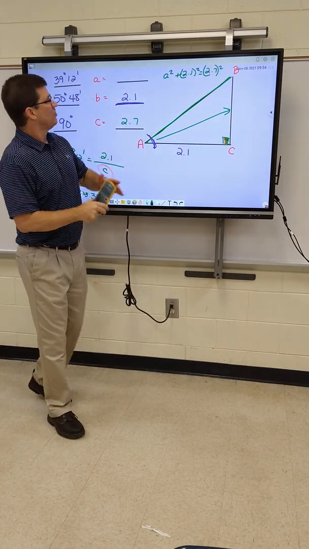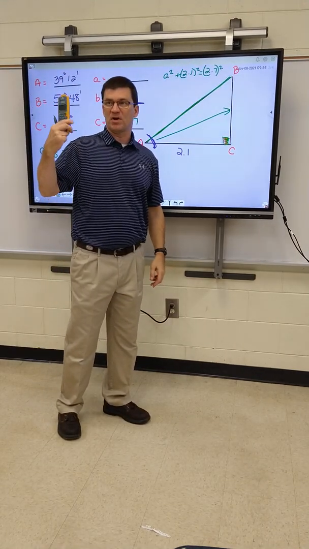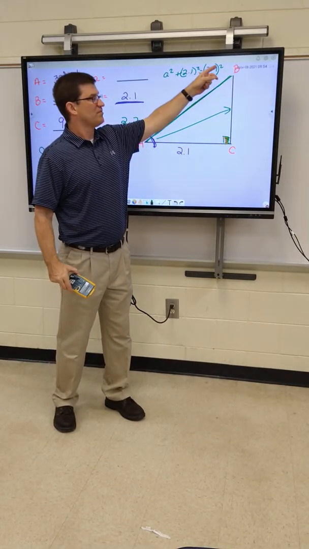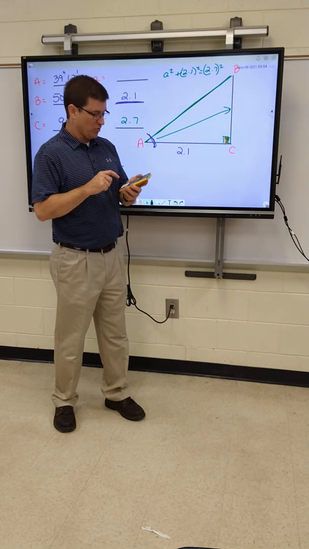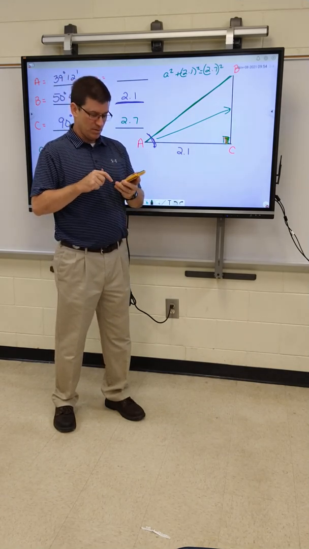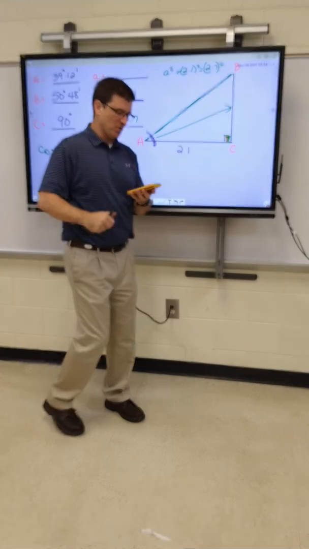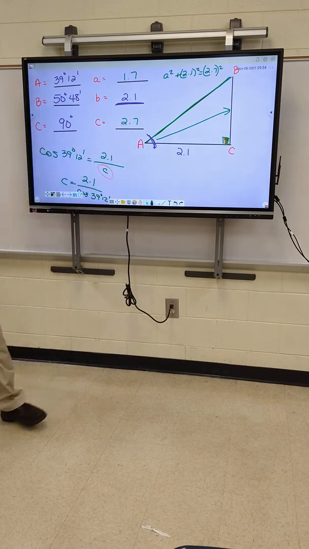Everybody knows we're going to have to move over 2.1 squared and subtract. So in our calculator right now, everybody type in 2.7 squared minus 2.1 squared. 2.88. Now take the square root of that, 2.88. What'd y'all get? 1.7. 1.7 is correct. And that is how you do one of these problems.